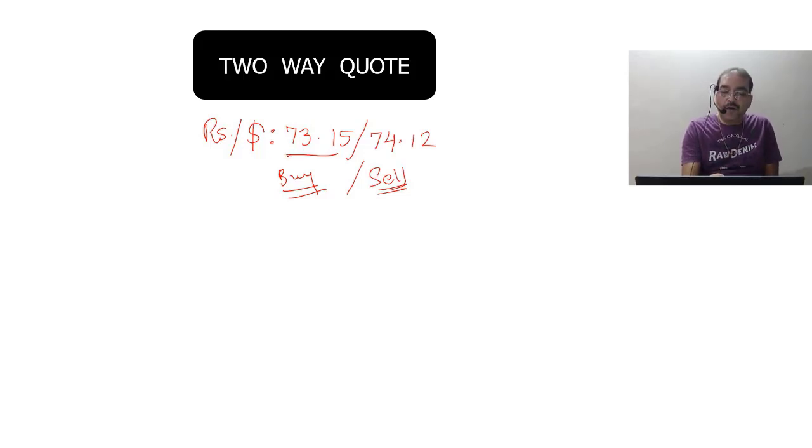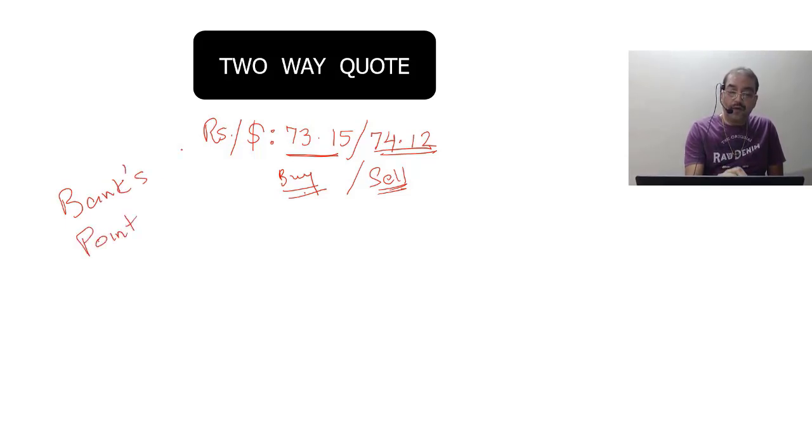So 73.15 is the rate at which the bank will buy $1, and 74.12 is the rate at which the bank will sell $1. This is given from whose point of view? From the bank's point of view. Always remember, quotes are always given from the bank's point of view, not from the customer's point of view.